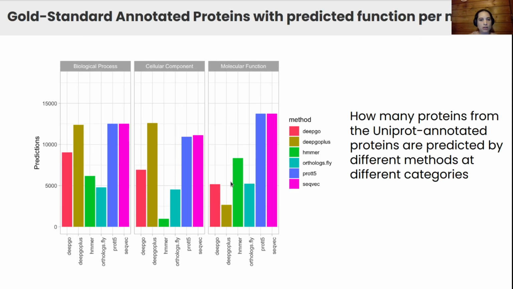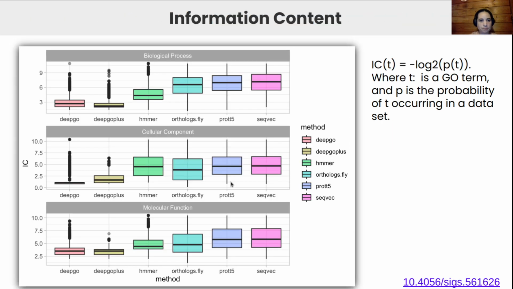And here you can observe the number of proteins that we can annotate with every method. The consistency of the language model predictors in pink and blue colors is evident, and we can annotate most of the proteins with those, in contrast to the rest of the predictors.